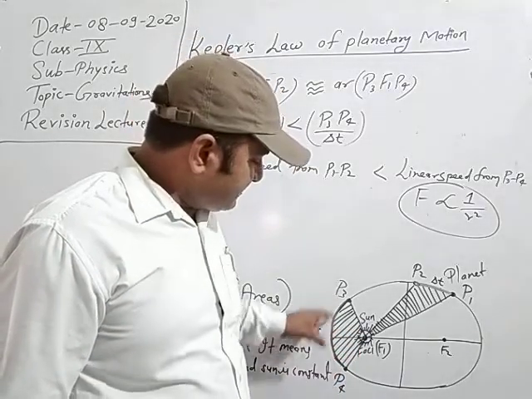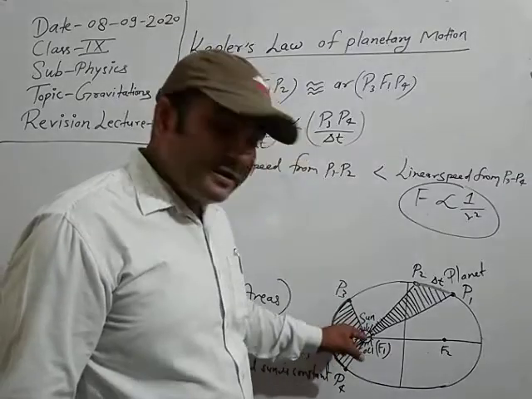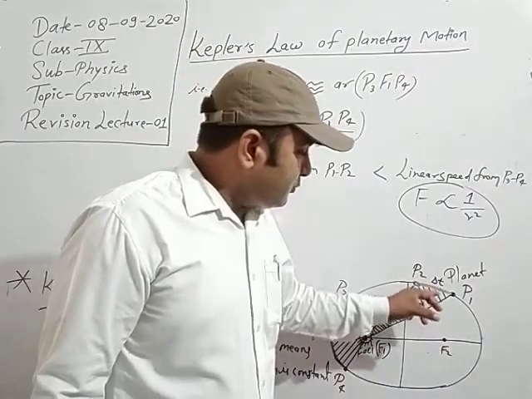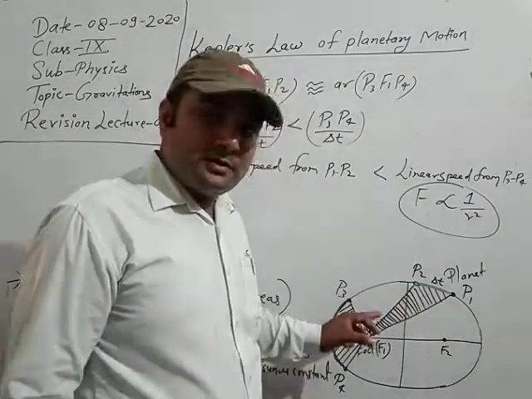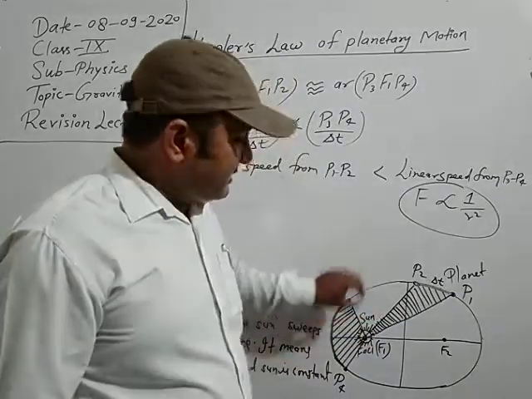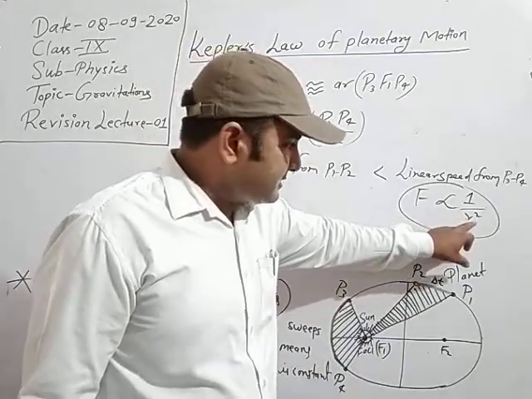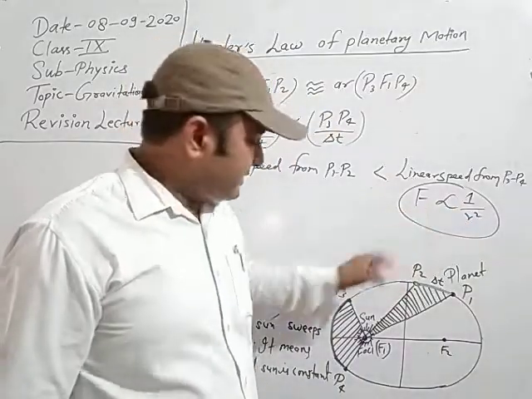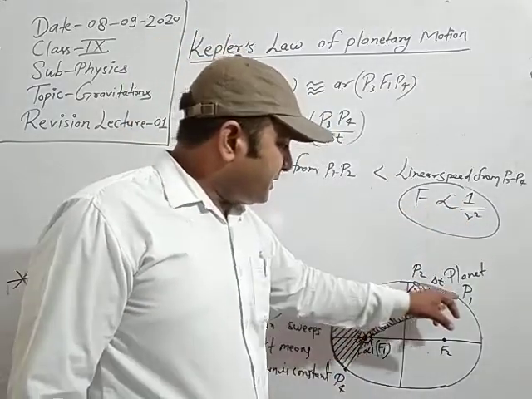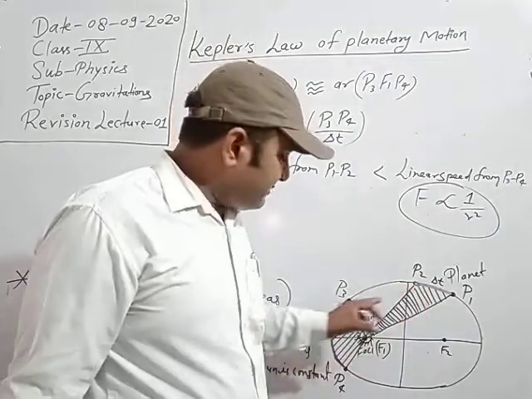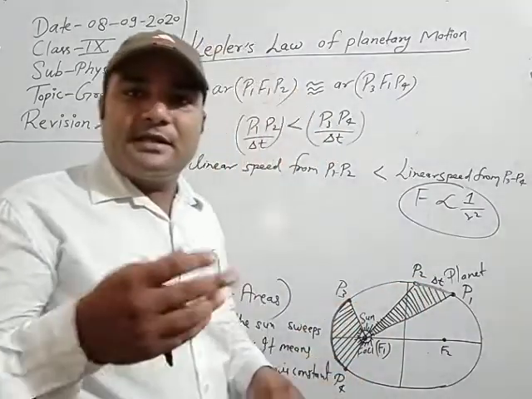It means whenever the distance is less, the force will be maximum. It means from P1 to P2 the force will be minimum, and from P3 to P4 the force will be maximum.